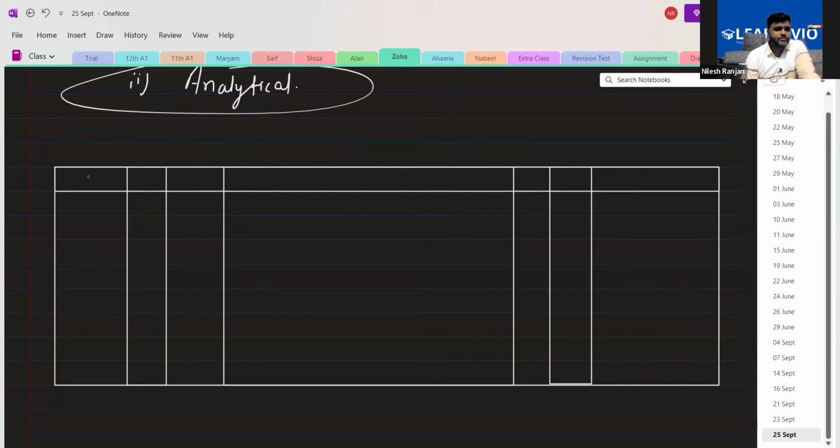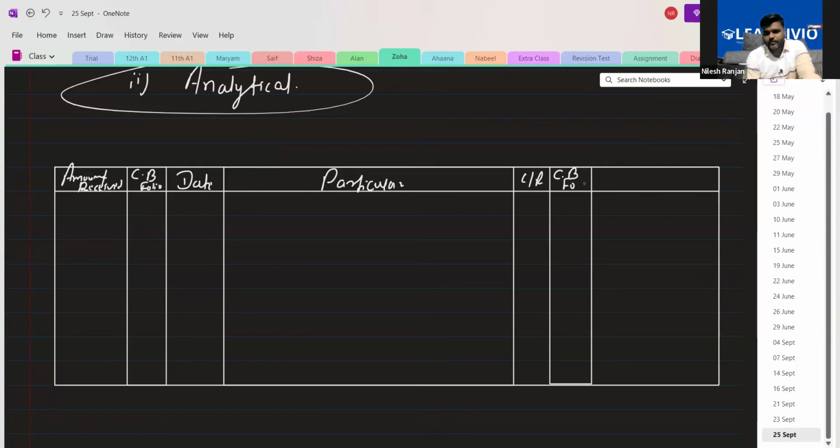Sometimes invoice number. So this is amount received. Then cash book folio. This is date. This is particular. So 3 columns on the left side of particular, 3 columns on the right side.